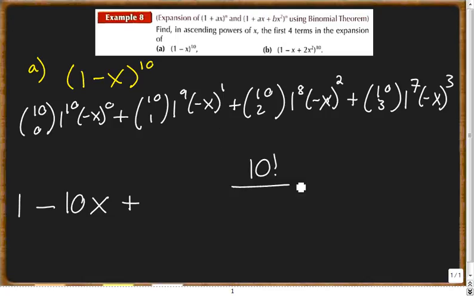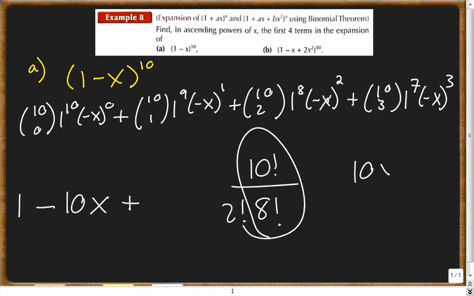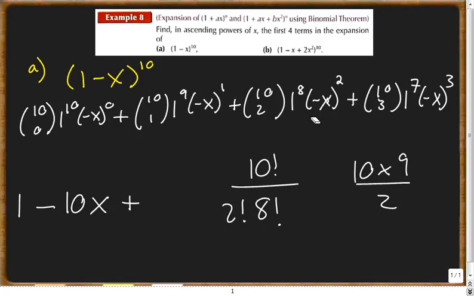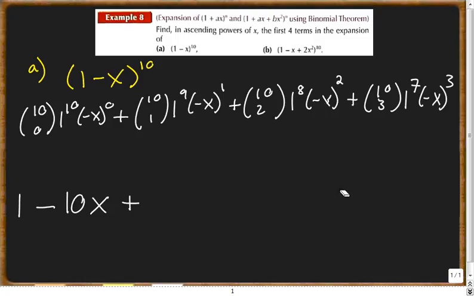The difference between these two terms right here is a 10 times a 9. And if we divide that by 2, you should end up with the number 45. Again, you can use the calculator too if you like to. So that number is 45. And then we have negative x squared, so that's x squared. And we're going to remember that's a minus.